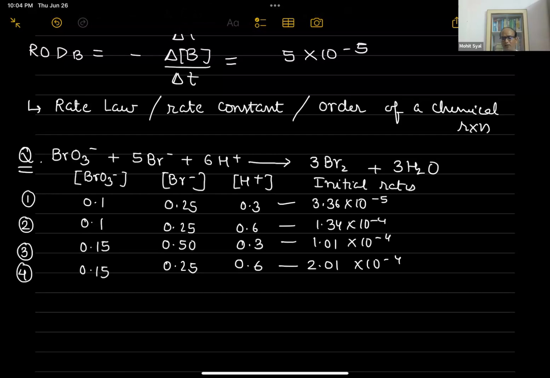These are the different sets of concentrations and the different initial rates given.